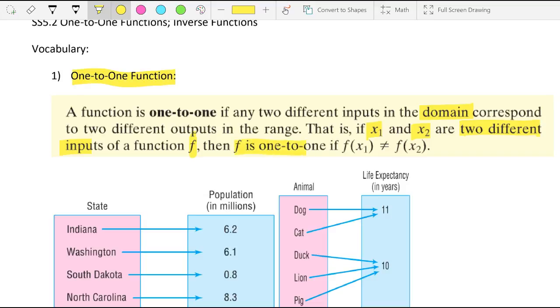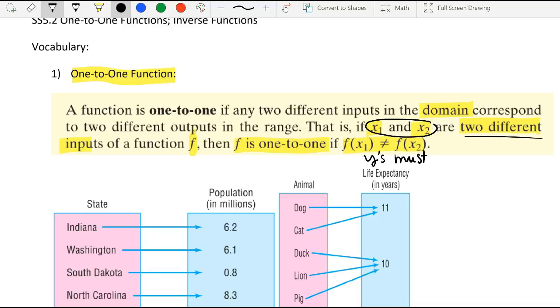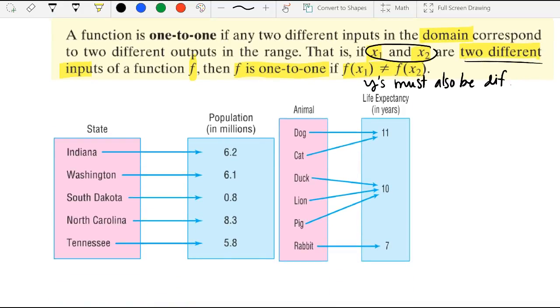Then f is one-to-one if the y values are also different. So let me spell this out. This means when you're putting in two different inputs, the y's must also be different, okay? So let's look at a couple of examples.